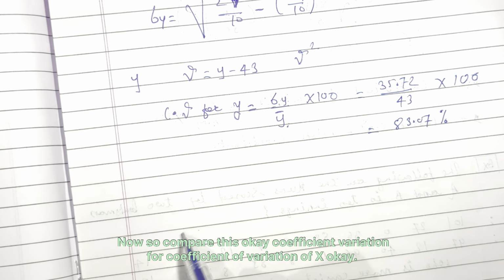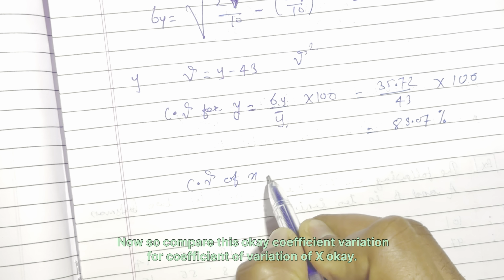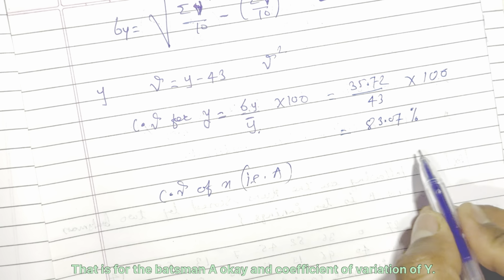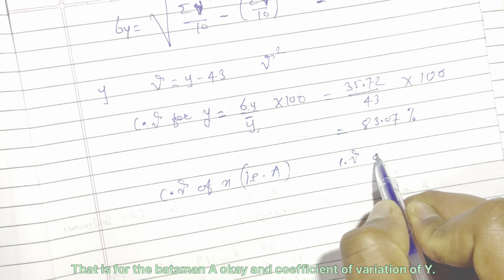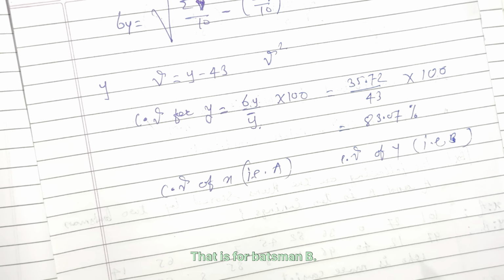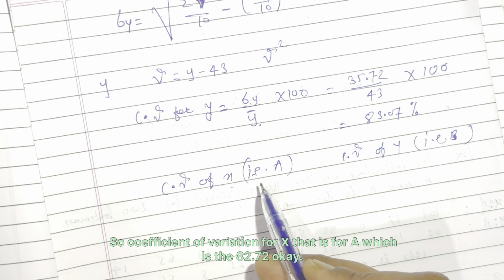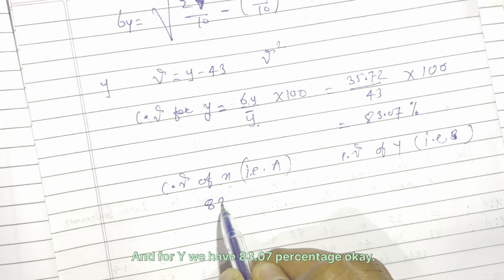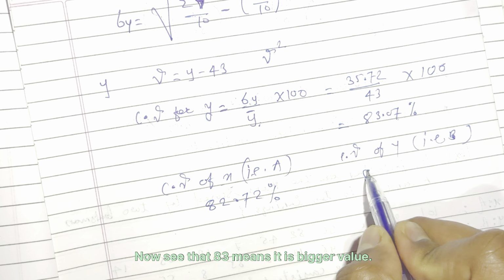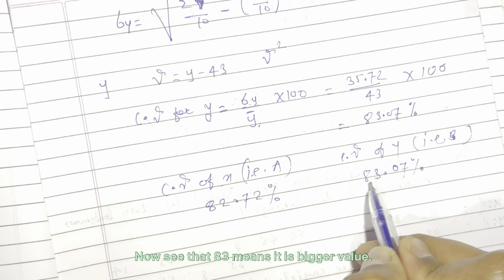Coefficient of variation of x, that is for batsman A, and coefficient of variation of y, that is for batsman B. So coefficient of variation for x, that is for A, is 82.72 percentage, and for y we have 83.07 percentage.